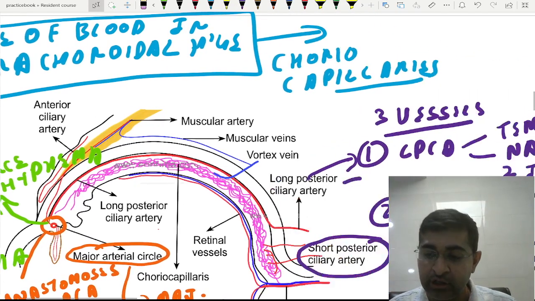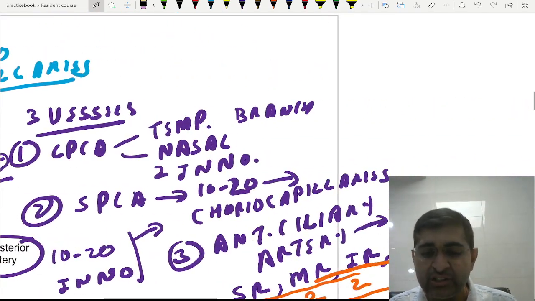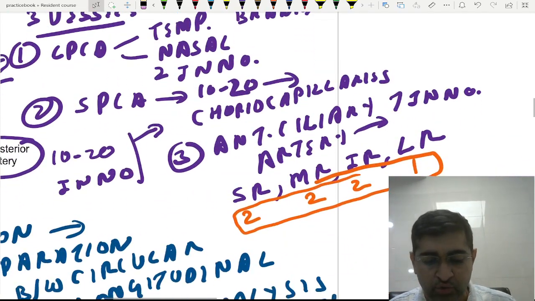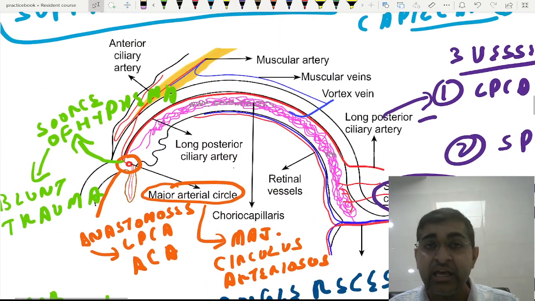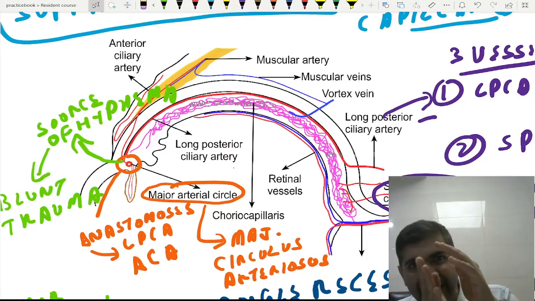Another important point. What is the relevance of choriocapillaries? Of course, they are going to supply the choroid. Another important point is that the retina has dual blood supply. There are 10 layers of the retina.